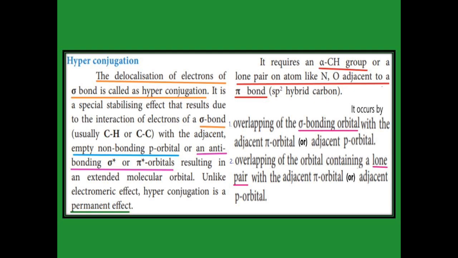The next thing is the overlapping of an orbital containing a lone pair adjacent to a pi orbital or p orbital. So it requires a sigma bonding orbital or a lone pair adjacent to a pi orbital or p orbital.